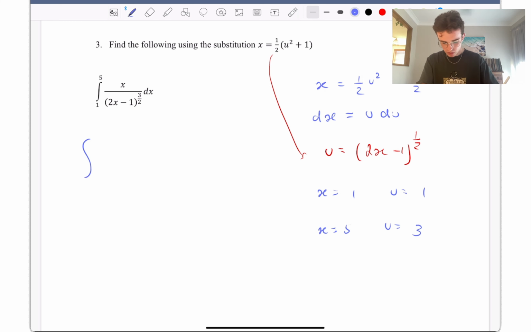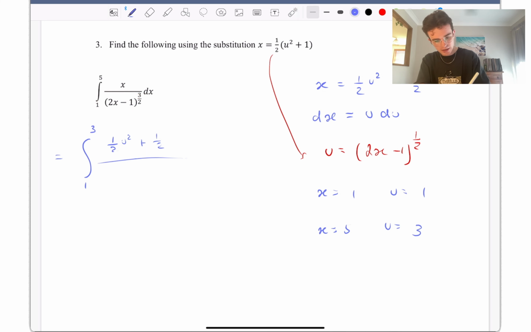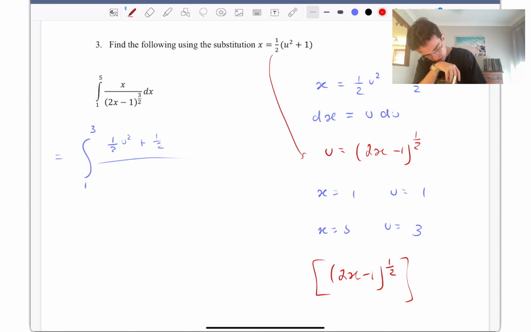So it's the integral from 1 to 3, those are our new bounds, of a half u squared plus a half over, this is what we've figured out u was, or almost, this is u cubed: (2x minus 1) to the power of a half, all cubed, is what we've got on the bottom. So really on the bottom we've got u cubed.